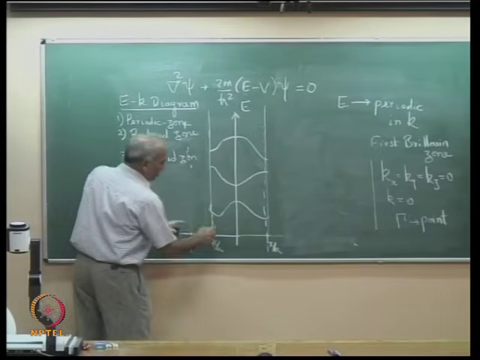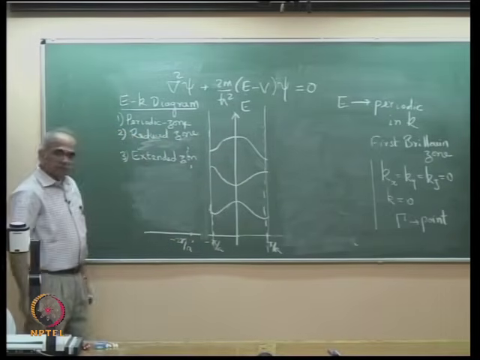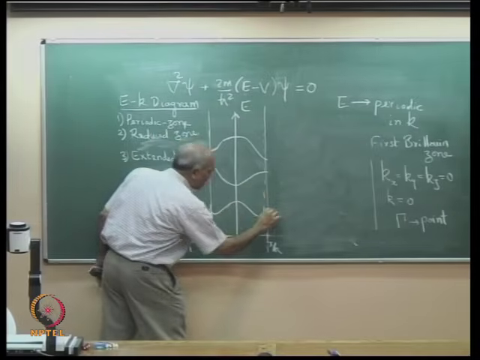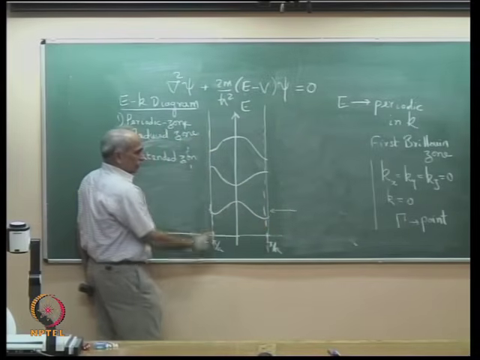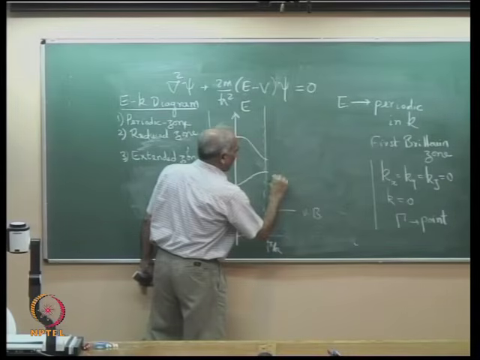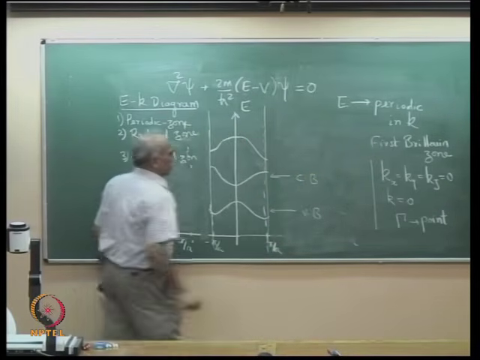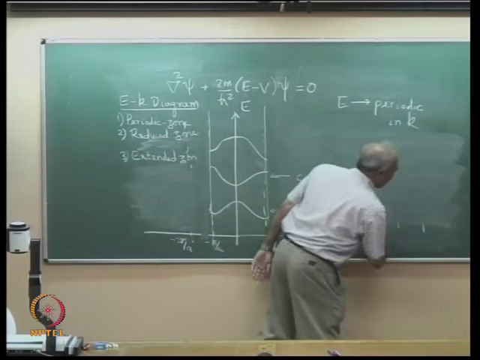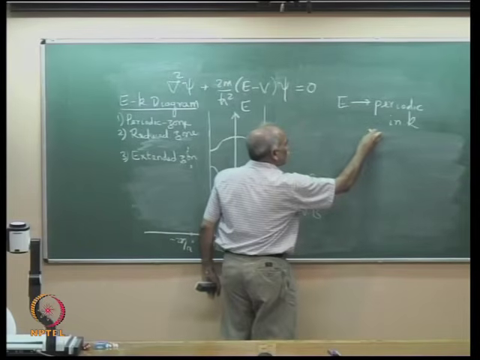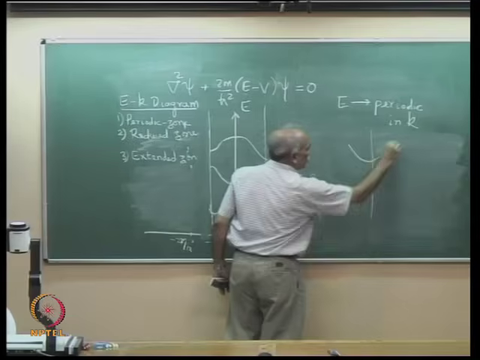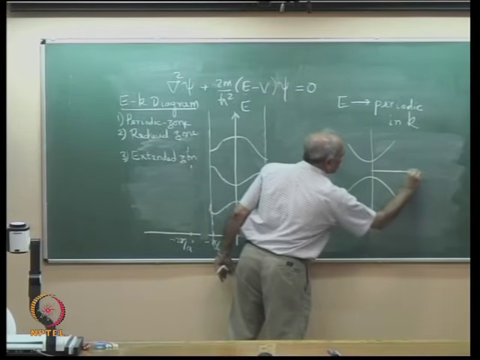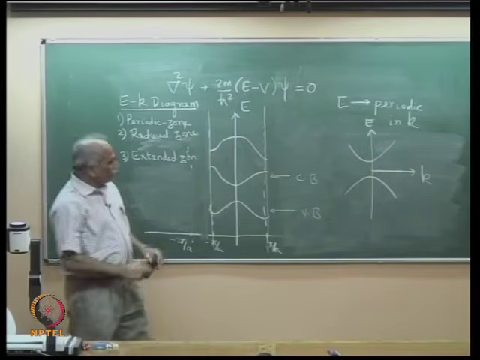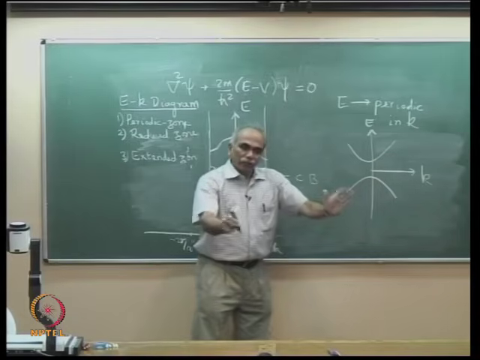And in the reduced zone picture, the highest filled energy level is the valence band, and the next one is the conduction band. If you look at these bands and draw the reduced zone picture, then we focus only on this part of the Ek diagram, K versus E. Why are we focusing only on this part? I will tell you in a minute.